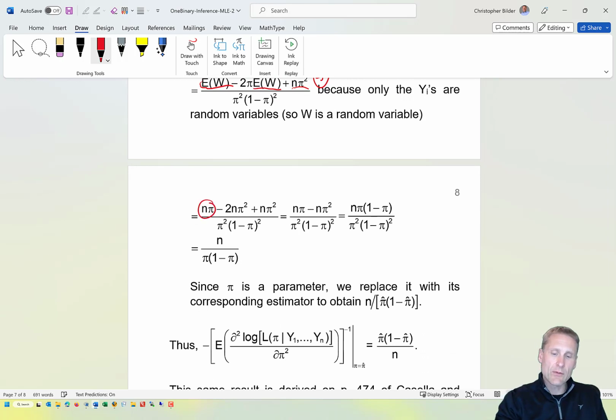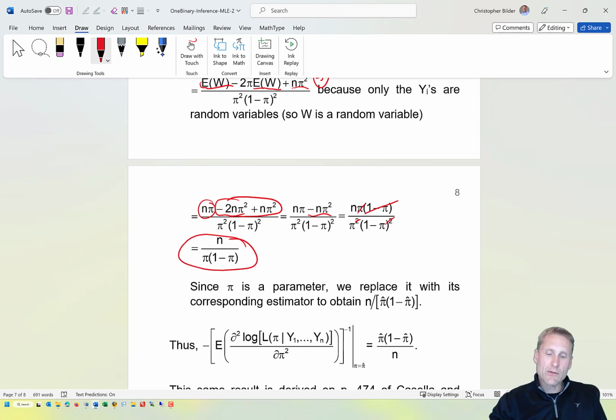And that's what I do there. I have some things that simplify so that this part here simplifies with that part. And so now I'm left with a negative n pi squared there. I can factor out n pi in that numerator. So I'm left with n times pi times 1 minus pi all over this pi squared times 1 minus pi squared again. Notice this cancels out. And so this is what I'm left with.